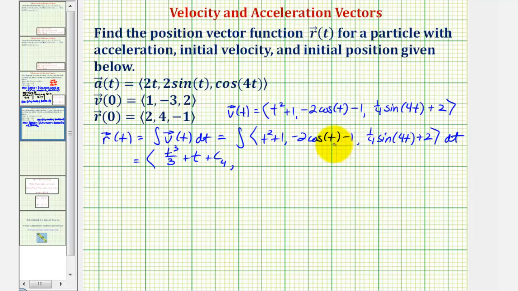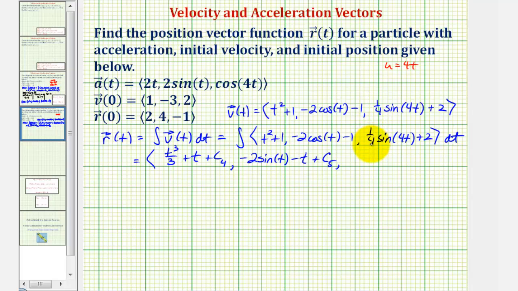For the y component, the antiderivative of negative 2 cosine t is going to be negative 2 sine t. The antiderivative of 1 is t, so minus t plus c sub 5. And now for the z component, notice how again we have to perform u substitution, where u equals 4t. So we'll have an extra factor of 1/4 again.